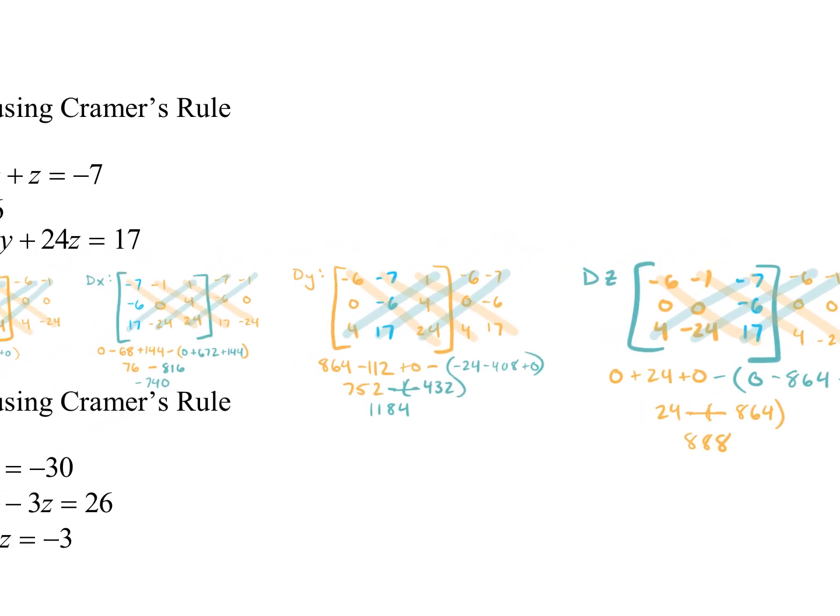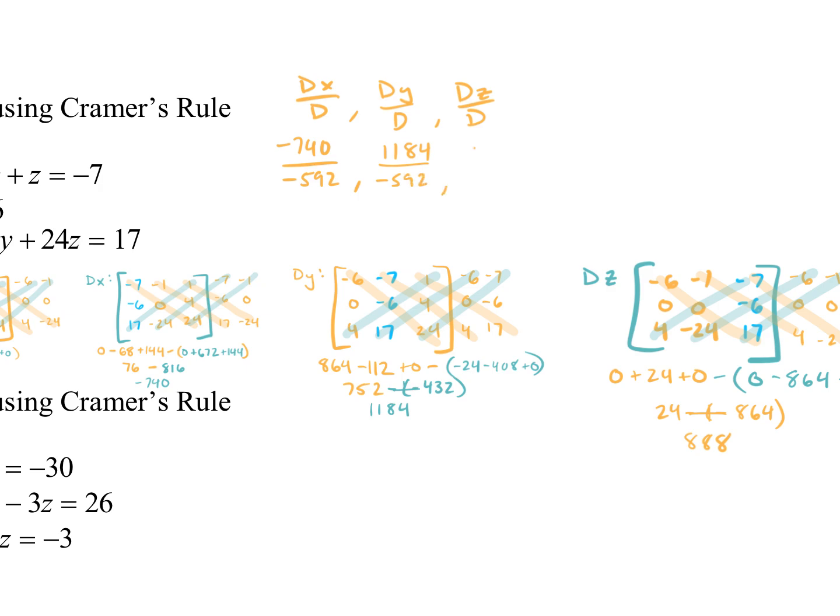Next, let's write our answer. So d sub x over d, comma d sub y over d, comma d sub z over d. So d sub x is negative 740 over negative 592. D sub y is 1,184 over negative 592.